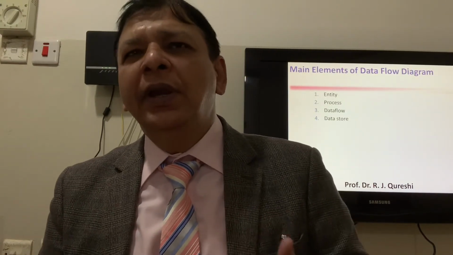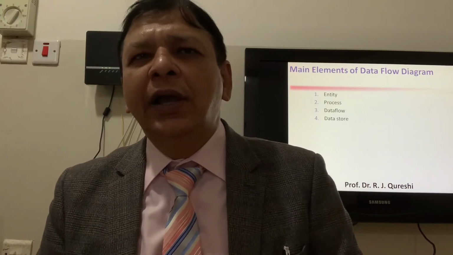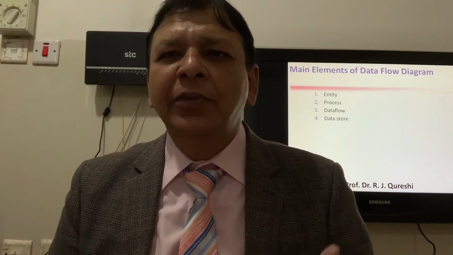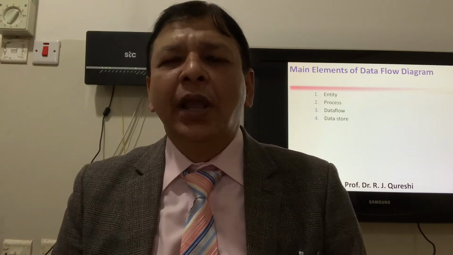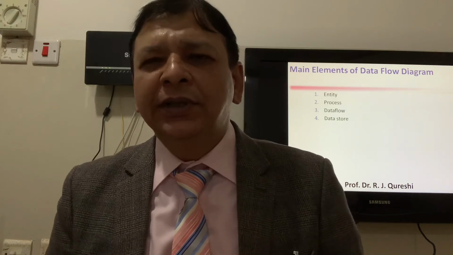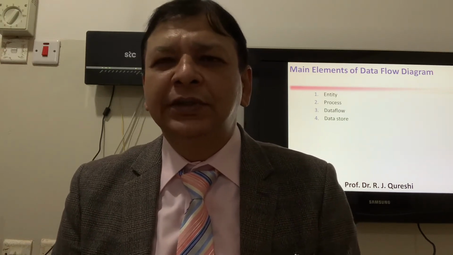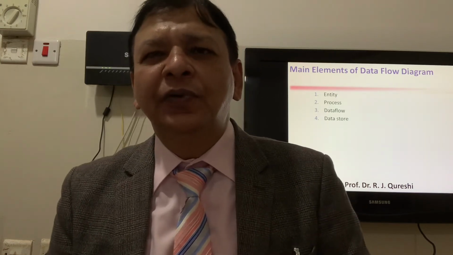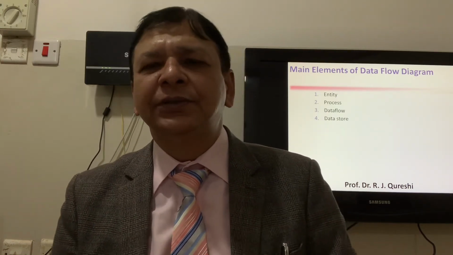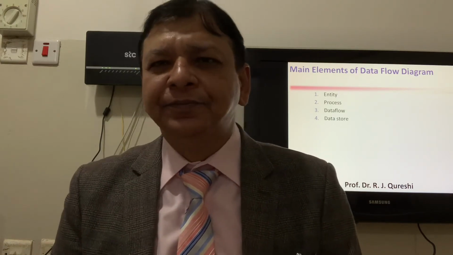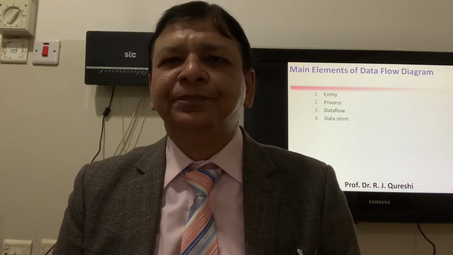There are 4 main elements in the data flow diagram. We have the entity. The entity is the thing that can be uniquely identified, and it could be internal or external. The process is the main function of the system. Then we have the data flow, the information that flows from one process to another process. Then we have the data store, which is like a database where the information is stored.